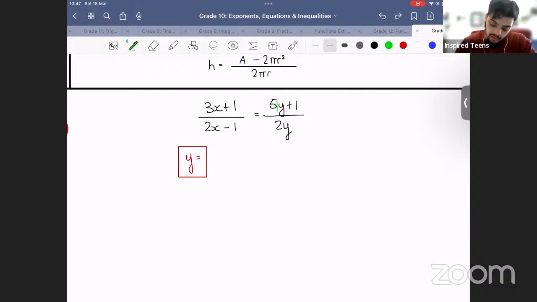Whenever you have a variable that you want to leave alone, you always want to group them on one side. So we'll try and do that. The first thing we can do, let's just think about this.